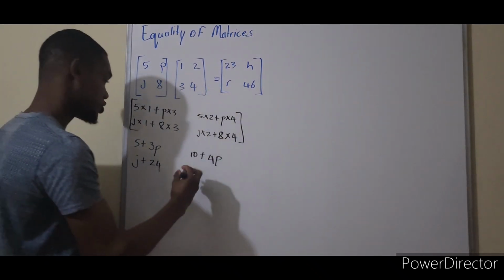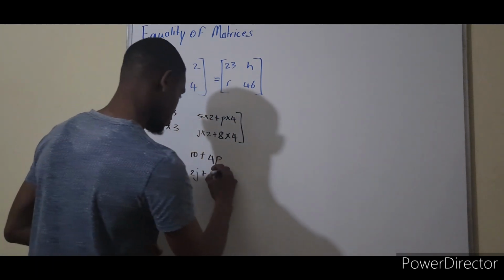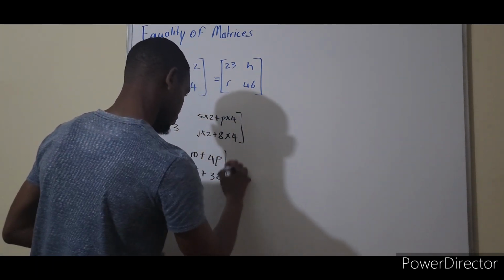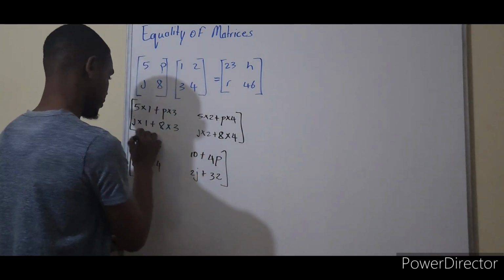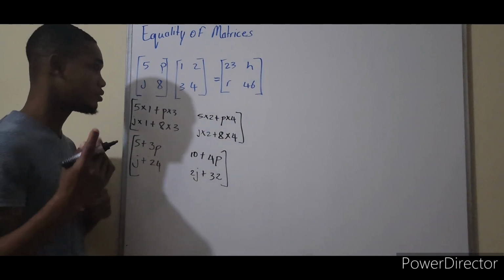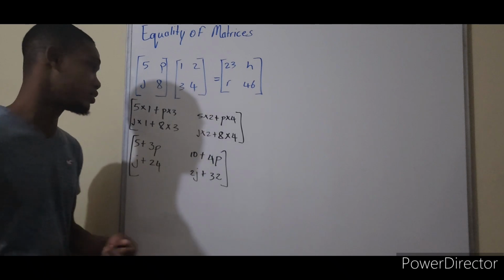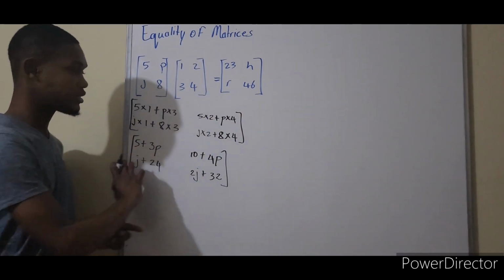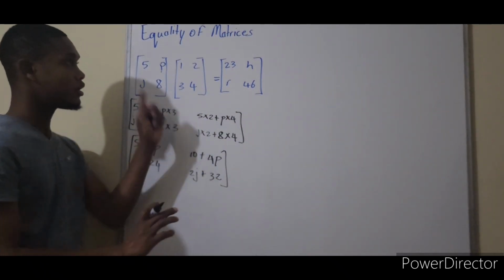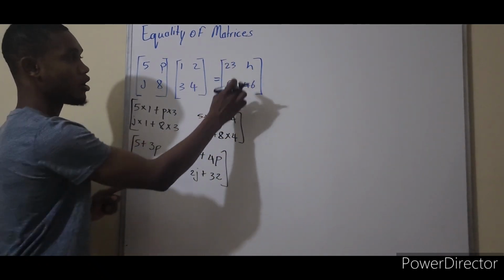Then 2 times j is 2j, plus 8 times 4, 32. If you need extra clarity on multiplication of matrices, you can scroll through and see the link for that concept.